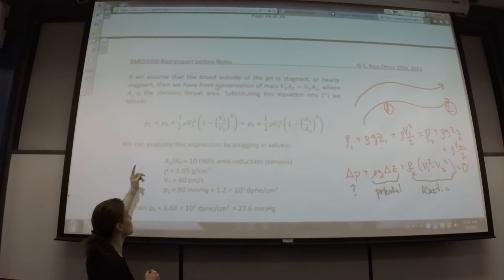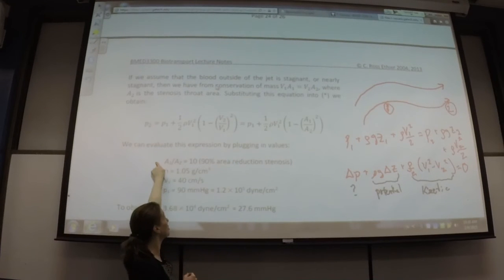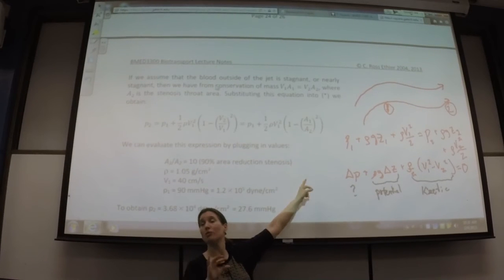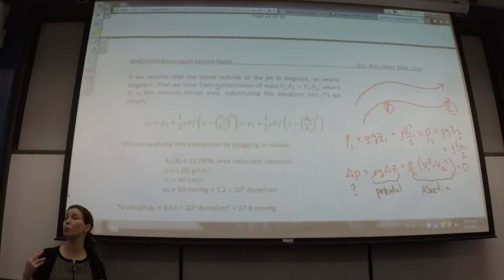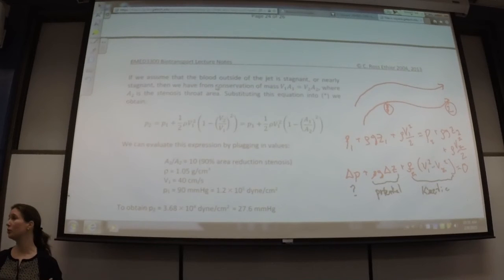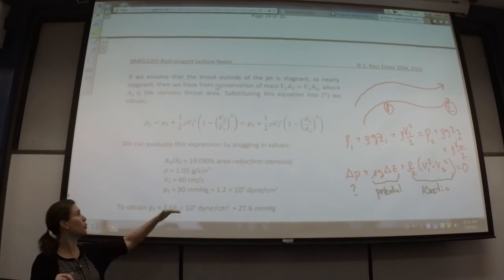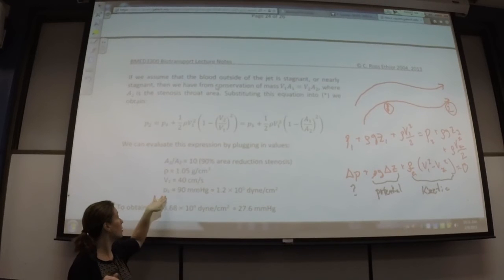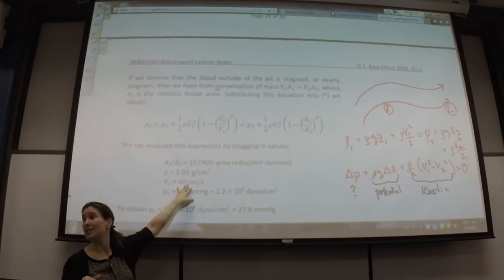So in this case, we have knowledge about reduction that's occurring due to the stenosis. So we don't have absolute numbers, but we have a ratio of A1 to A2 that we can use. We know things about what's happening pre-stenosis for our pressure and our velocity.